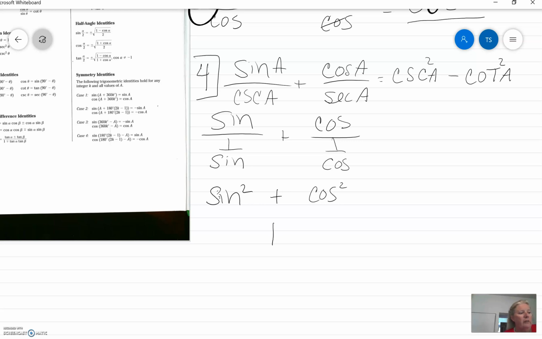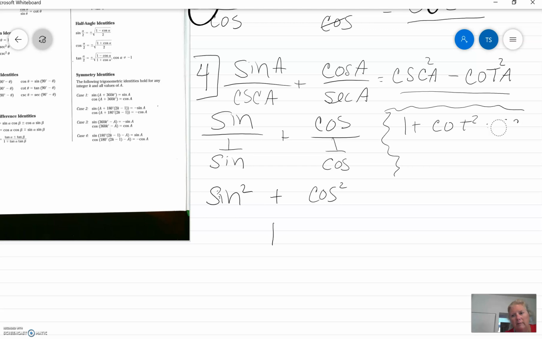So I'm looking at squared things on this side. Cosecant and cotangent are in the third Pythagorean identity. The third Pythagorean identity is 1 plus cotangent squared equals cosecant squared.